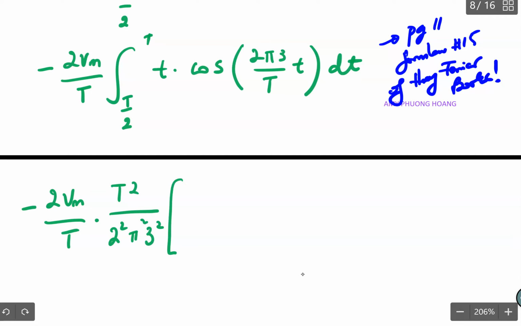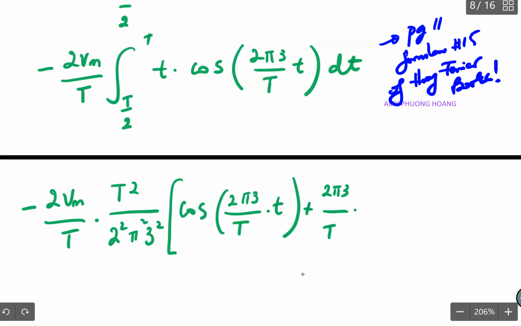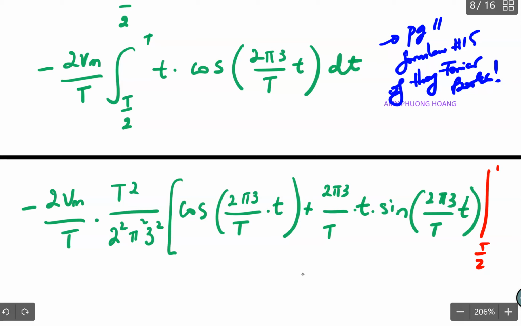Inside the bracket, I should have cos of 2 pi 3 divided by t times t, close the bracket, add that with 2 pi 3 divided by t times t, and times sine of 2 pi 3 divided by t times t, close the bracket, evaluate from t over 2 to t, and I close the bracket.